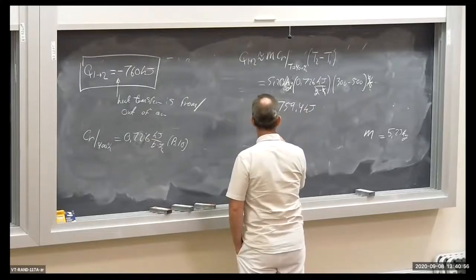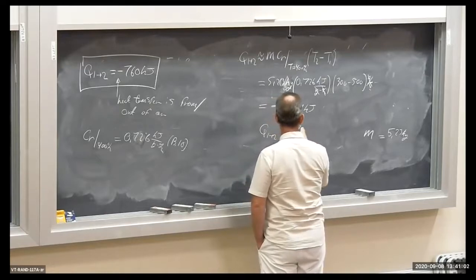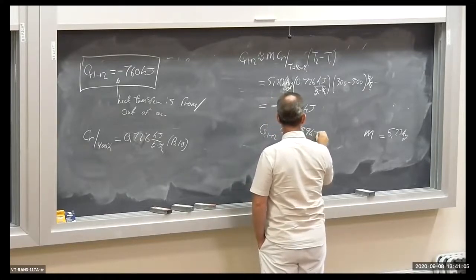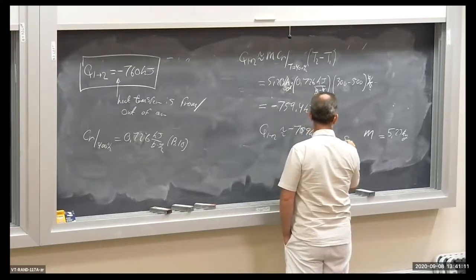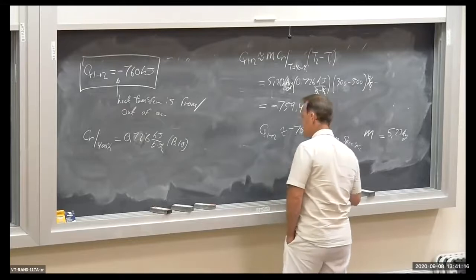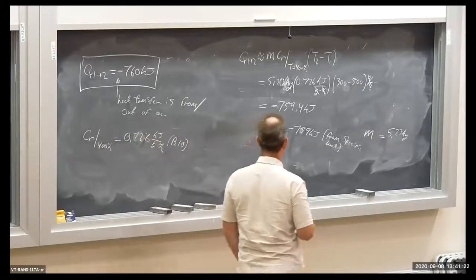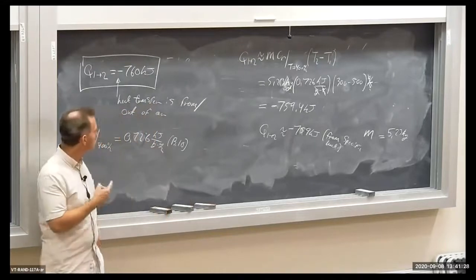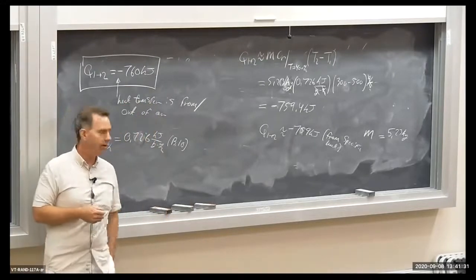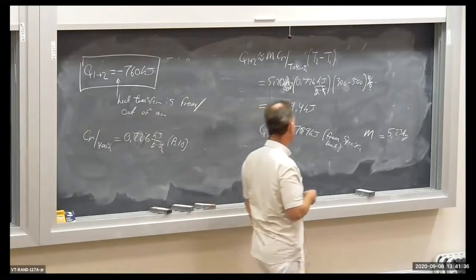So Q1 to 2 is negative 759 kilojoules, and this is from specific heat, assuming a constant specific heat. This is a back of the envelope check for our correct calculated value.